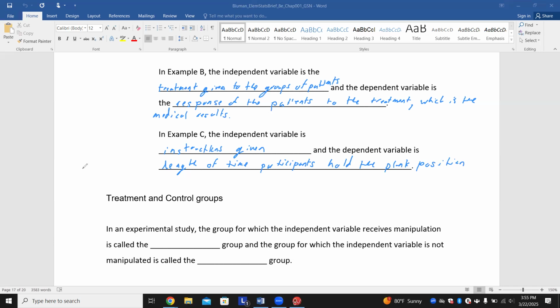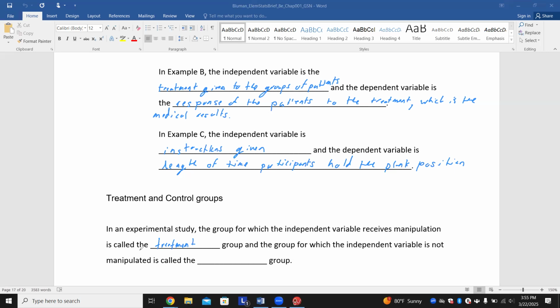All right. Then from there, we have a treatment and a control group. So in an experimental study, the group for which the independent variable receives the manipulation is called the treatment group. This is what we're changing to see, does this treatment or this change in variable affect the outcome?